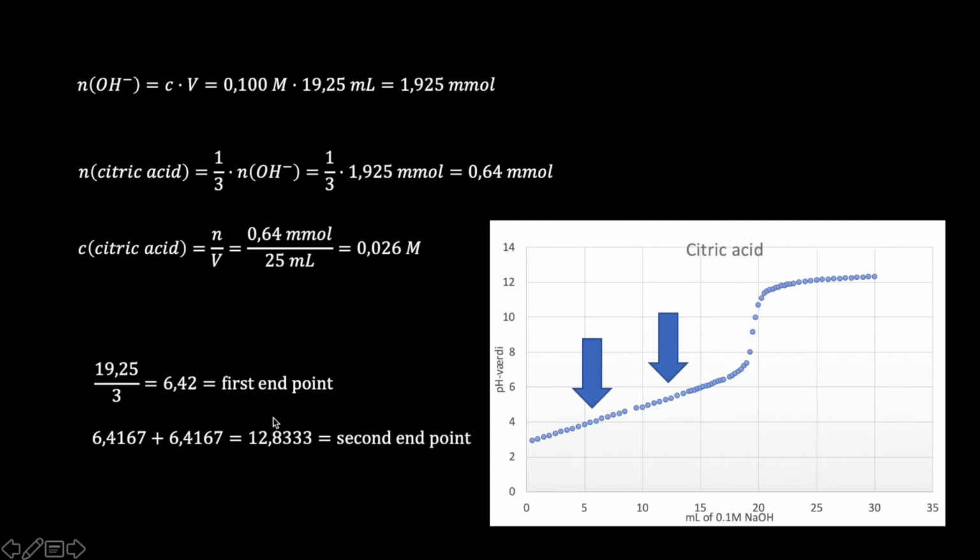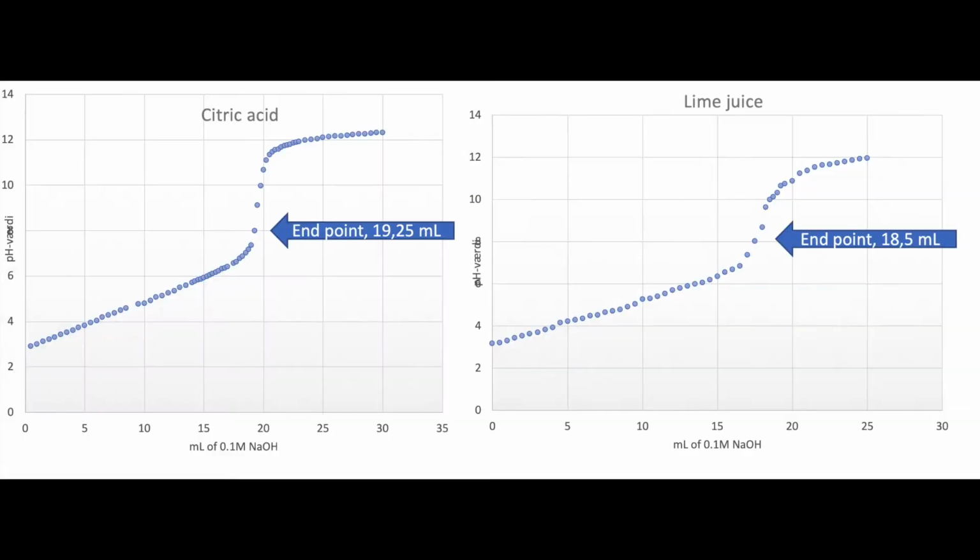And the first endpoint was found by dividing the total volume of the sodium hydroxide added by 3, because then we got 3 equally big parts, like this and this. So they're added in, showed it here.